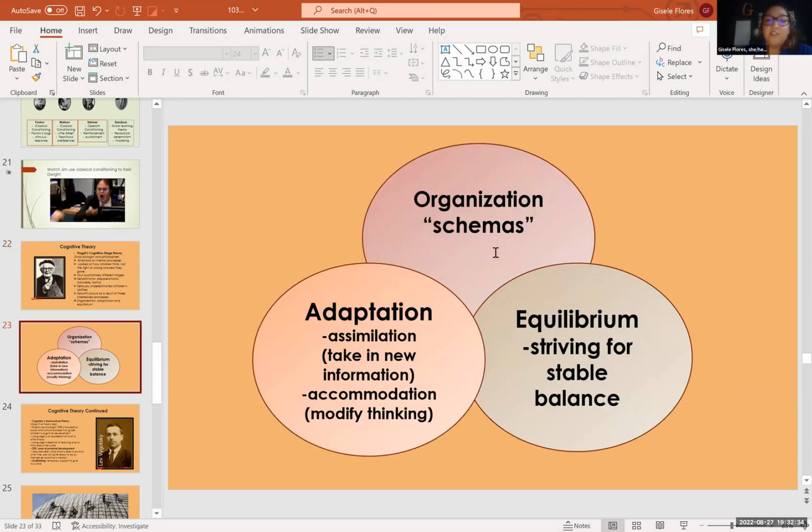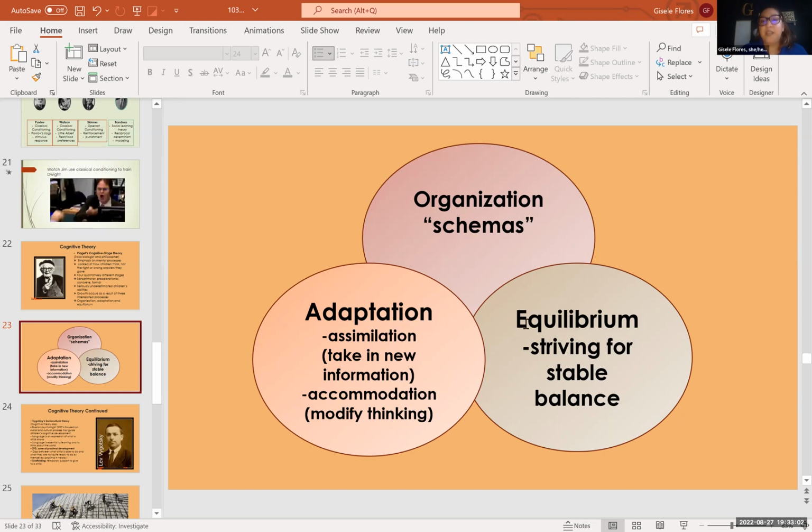So he believes that children have organizations of information, which he refers to as schemas. And so each schema is an understanding of a different concept. And children add on to these schemas through a period of adaptation. So there are 2 different ways to adapt information. There's assimilation and accommodation. So the assimilation process is I'm going to take in new information.